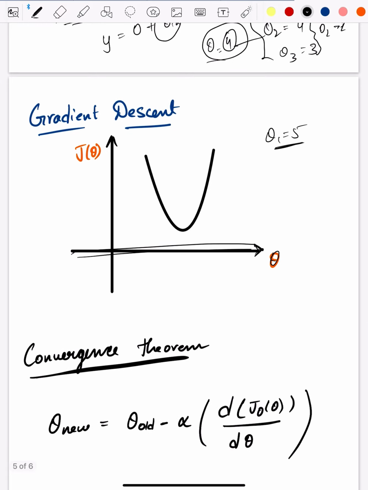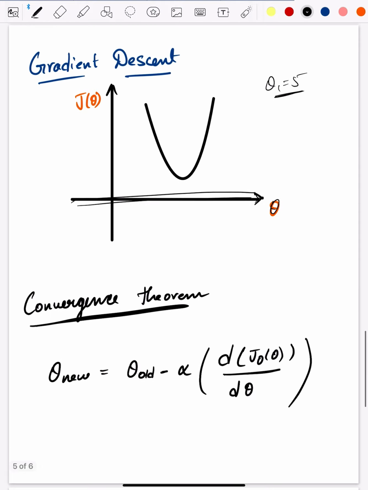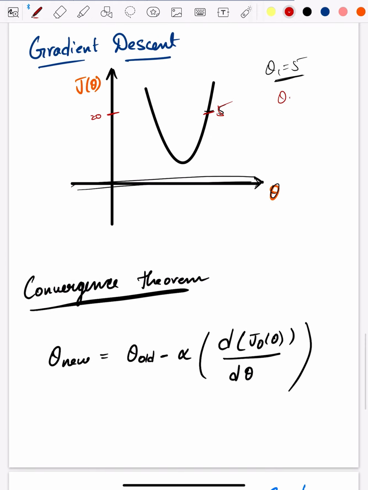If theta is 5, the error is somewhere around 20. Your objective is to find the value of theta where you get the cost error at the minimum, the lowest.